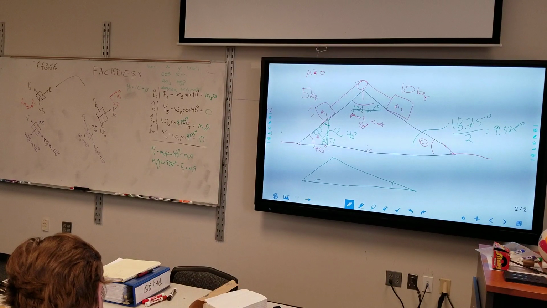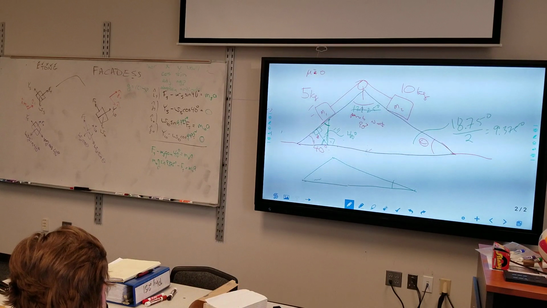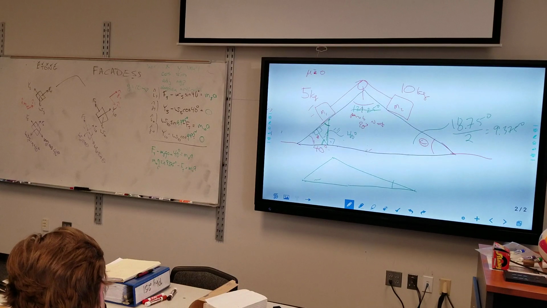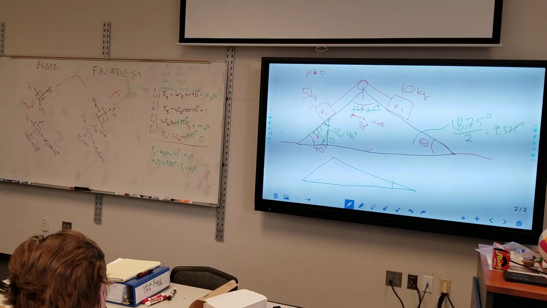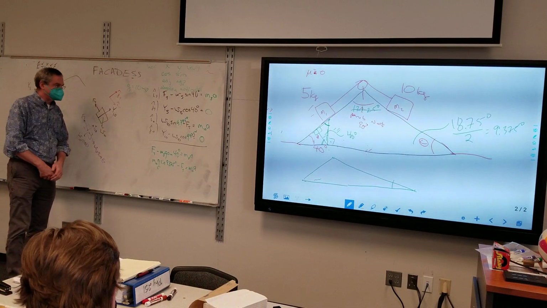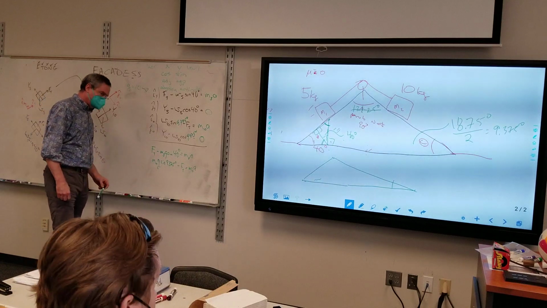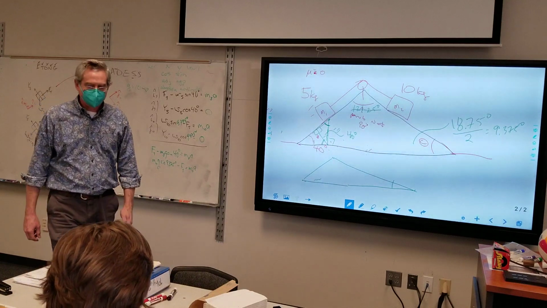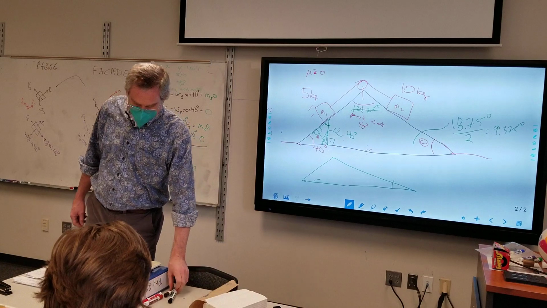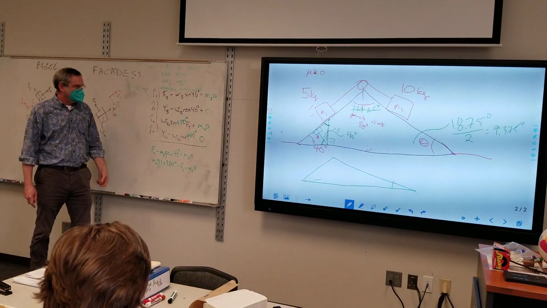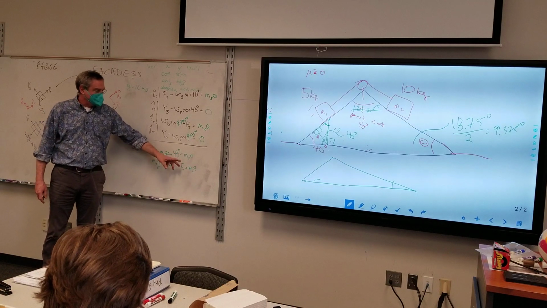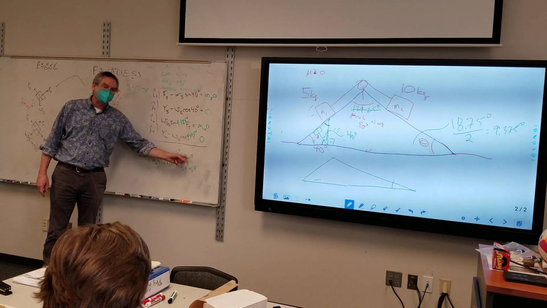You set both equations equal to force of tension, and then set those equations equal to each other. Yeah, we could. Could we also, just out of curiosity, multiply the top one by 2, and then potentially we could cancel these out?